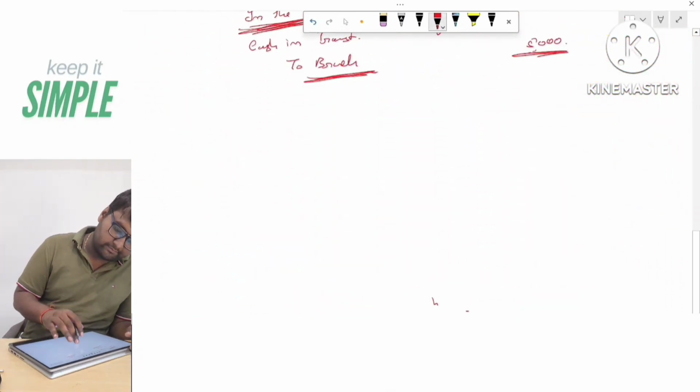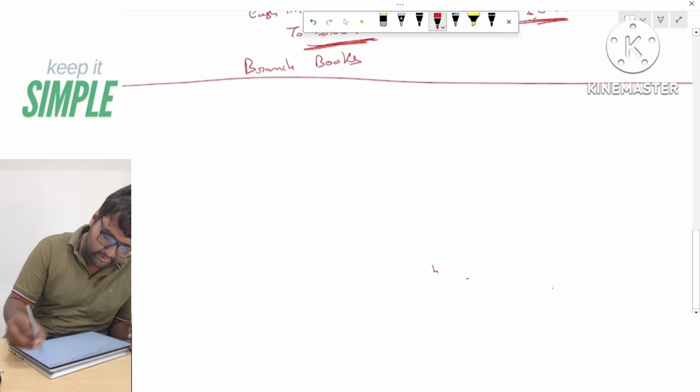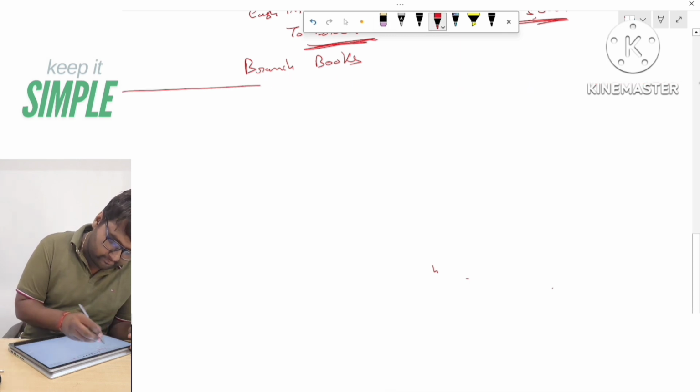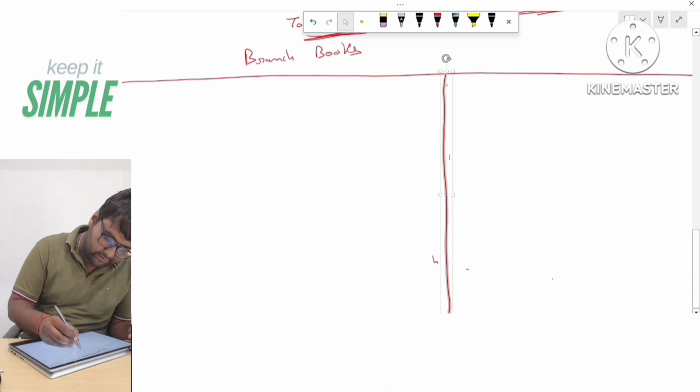What we'll do? We'll write branch books. Okay. So we are dividing the page into two parts. Okay. These are two pages.